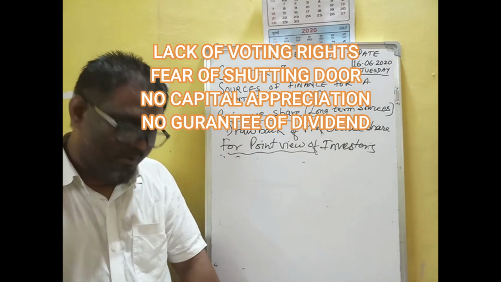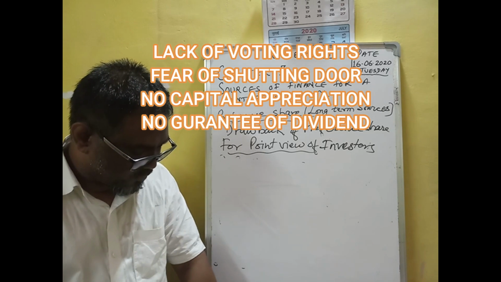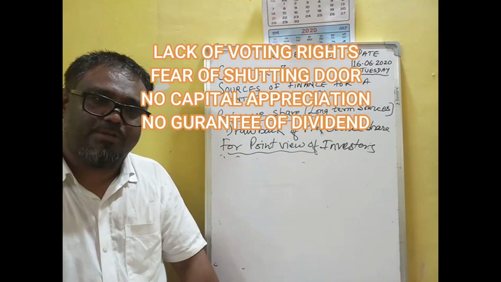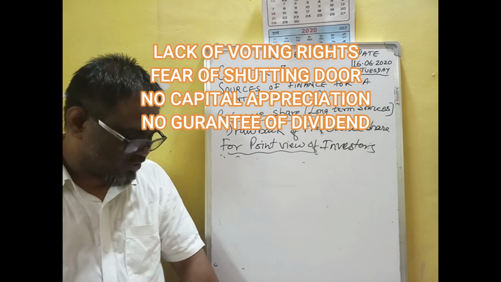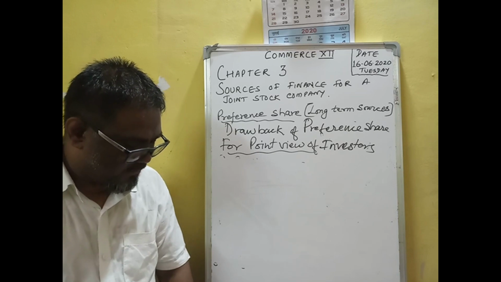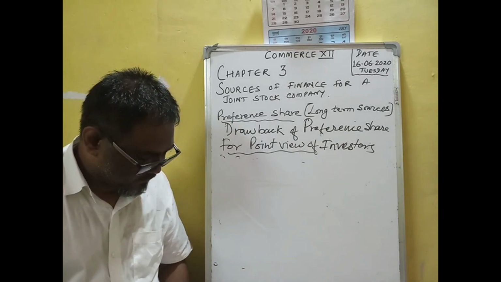The rate of dividend is also modest, normal. Price fluctuation of preference shares is also greater than the dividend. So these are the drawbacks of preference shares.